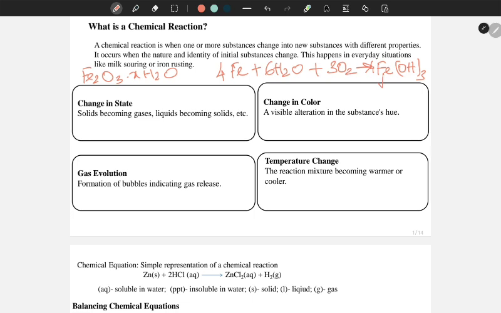After that it gets converted to hydrated iron oxide, that is known as rust. So what does moisture mean? Moisture means water and air, right? So when water and air react with iron, first it gives ferric hydroxide, which is then later converted to hydrated iron oxide, which is known as rust.